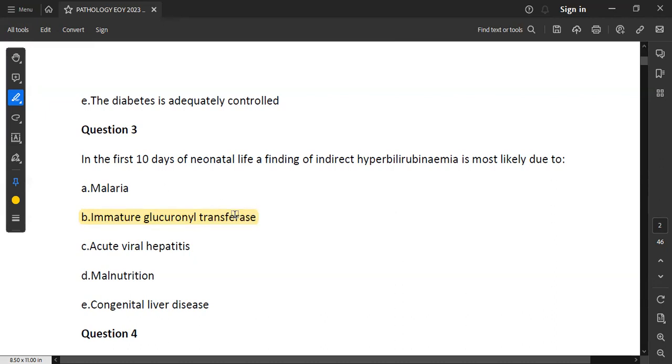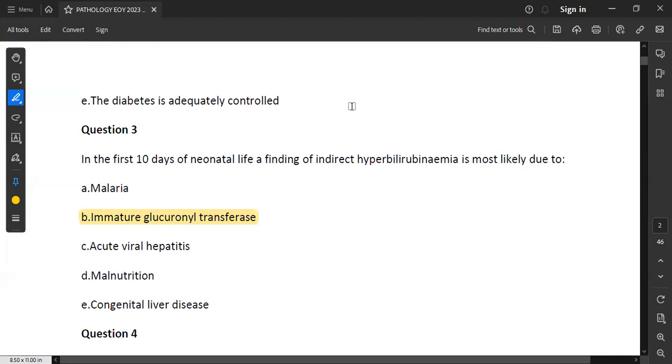So the baby doesn't have enough glucuronyl transferase, so they'll end up having increased bilirubin, which will cause the neonatal jaundice. And they usually expose these babies to phototherapy. That's the remedy for that.